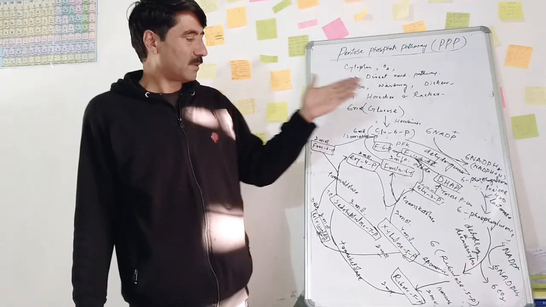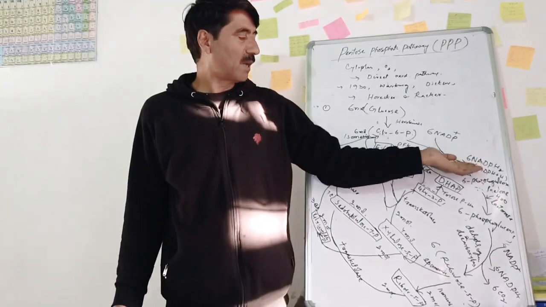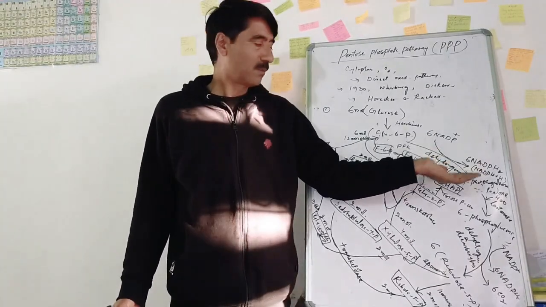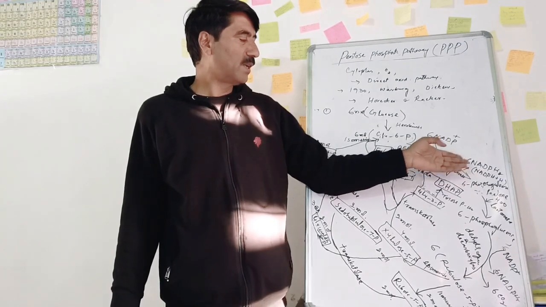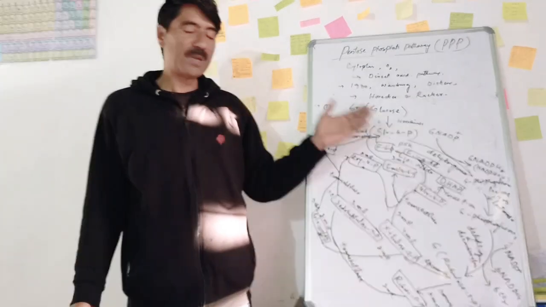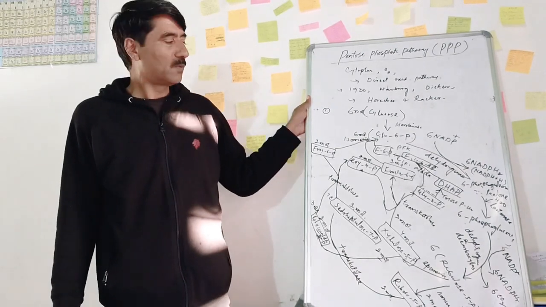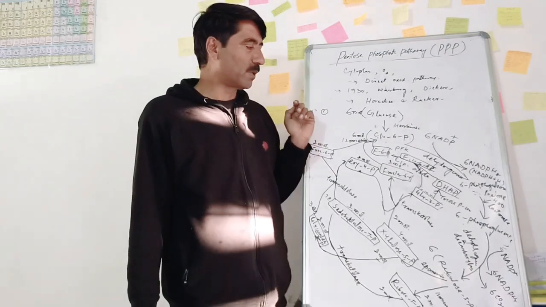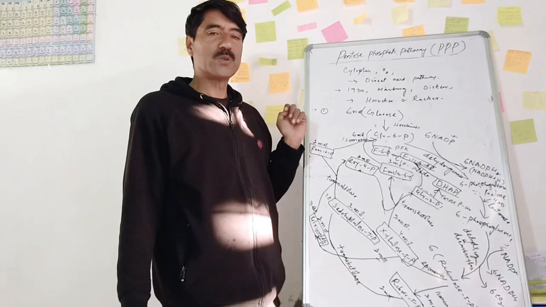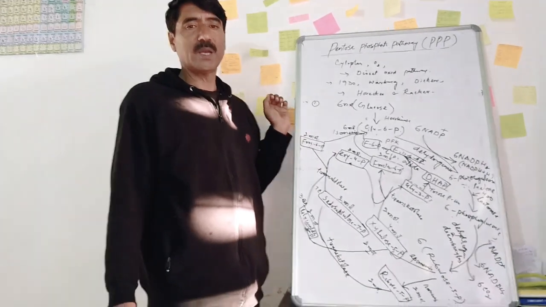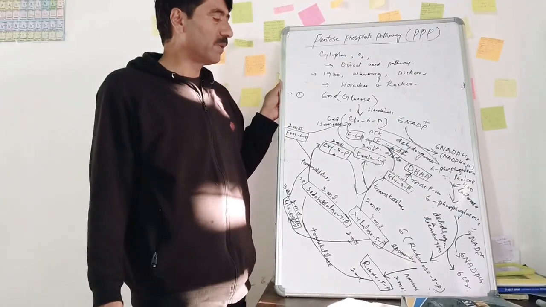Now these reduced coenzymes are then moved to the mitochondria, where in the inner membrane, they will participate in the electron transport system and forward their electrons and the protons to the oxygen to reduce it to the water, and during this the ATP will be formed.